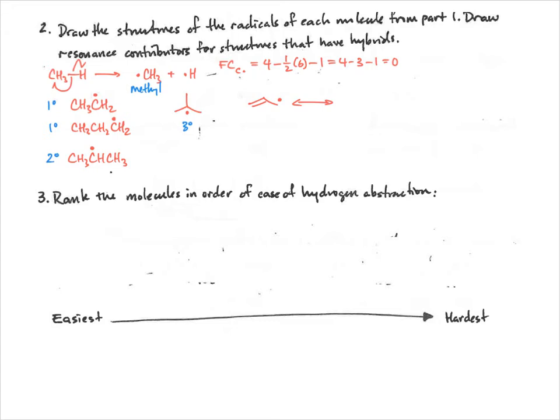That means the radical can be delocalized. Then the last one was 1-methylbenzene, where we wanted the primary. So methylbenzene is also called toluene. If we abstract a primary hydrogen, we get the following. Now we can delocalize that through resonance as well.